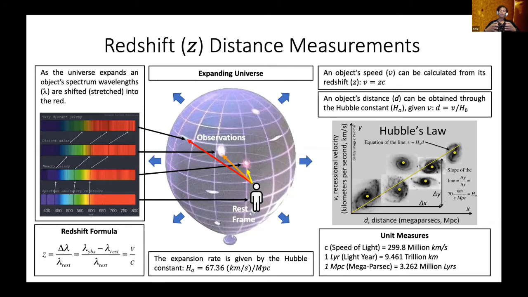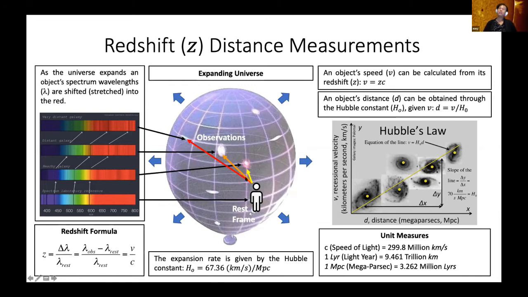As stuff moves away on a balloon, it moves faster and faster the further away it is. And that rate of expansion is given by the Hubble constant, which is set here at 67.36 kilometers per second per megaparsec, which is just the distance. A megaparsec is 3.2 million light years.